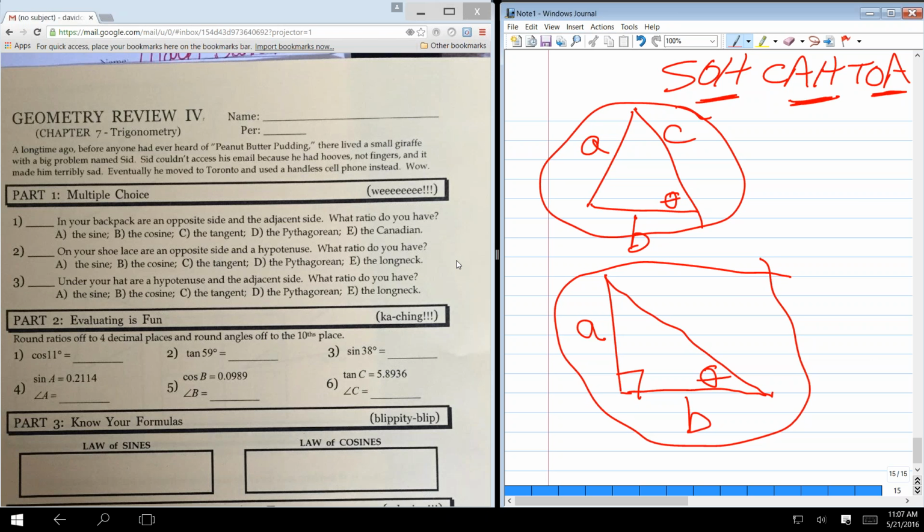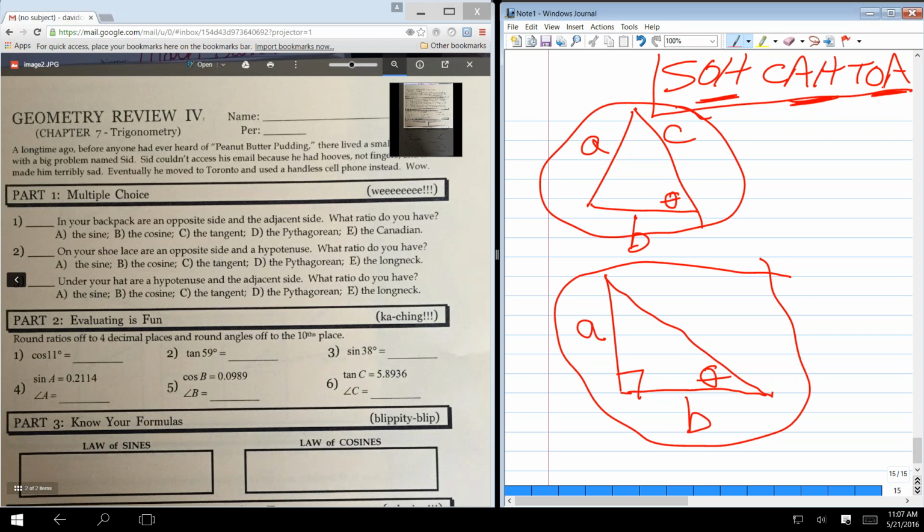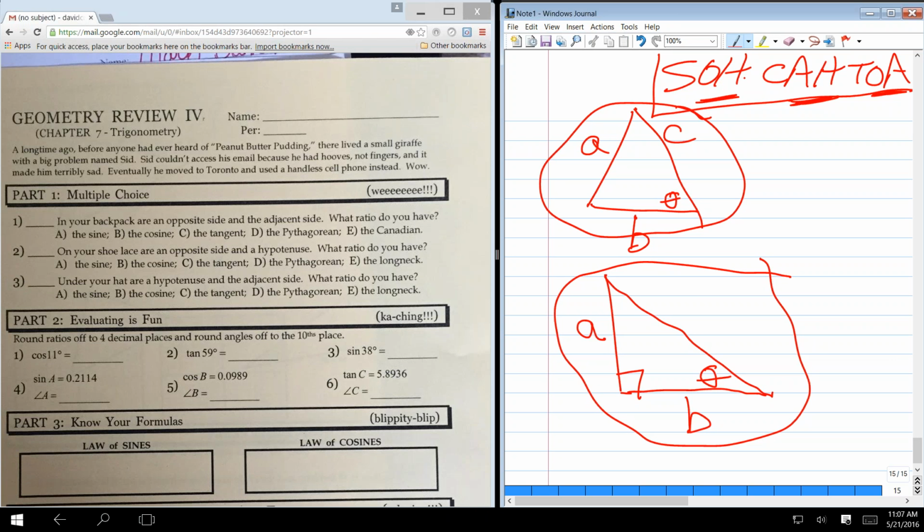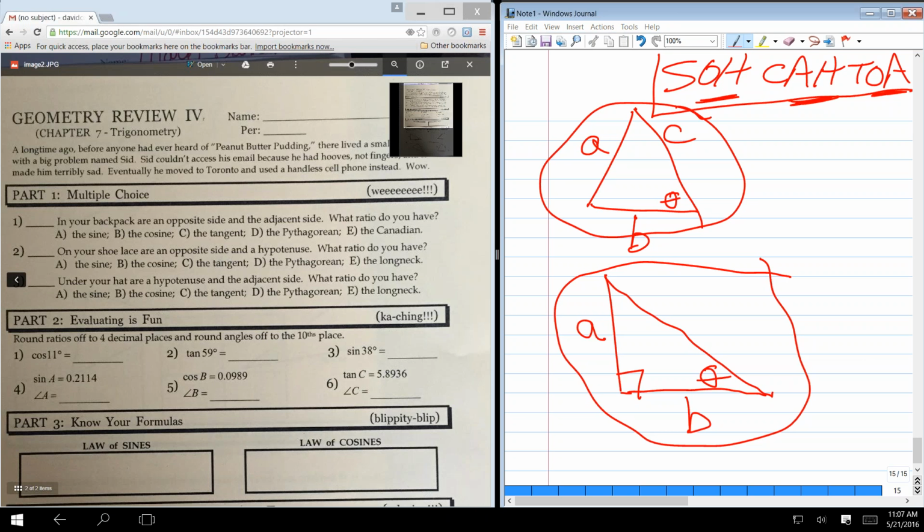That's cosine, correct? Yeah. In fact, the only thing you need on this problem is to know SOHCAHTOA, and you'll get it right. It tells you all 3 of them. All 3 questions are the second 2 letters of each of these. So as long as you know the S, the C, and the T stand for sine, cosine, and tangent, you got it made with these 3 questions.